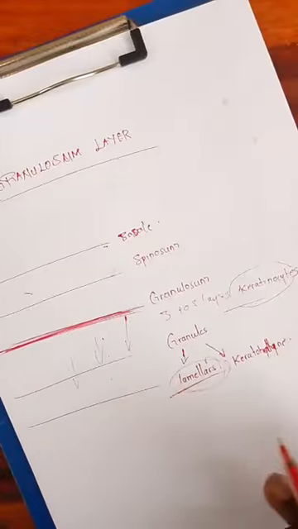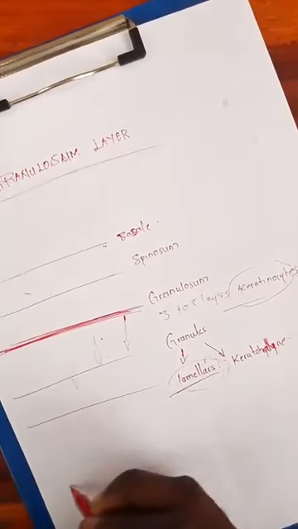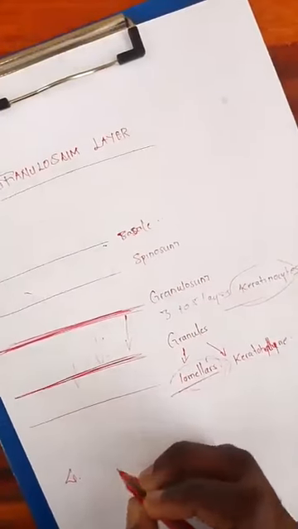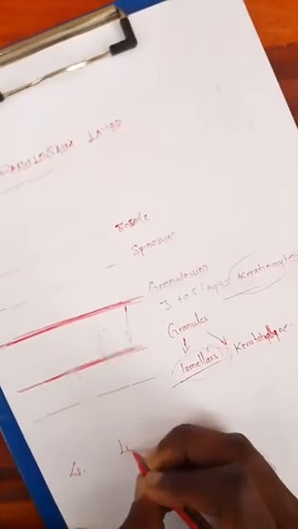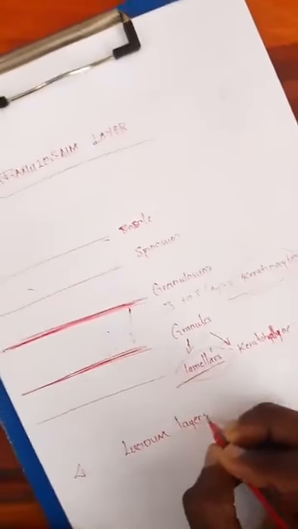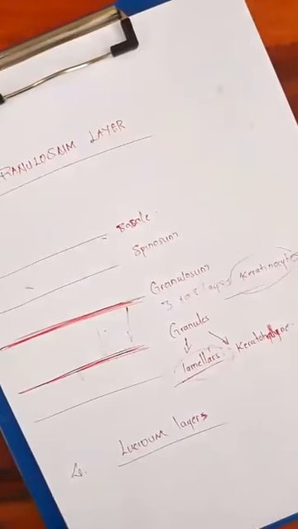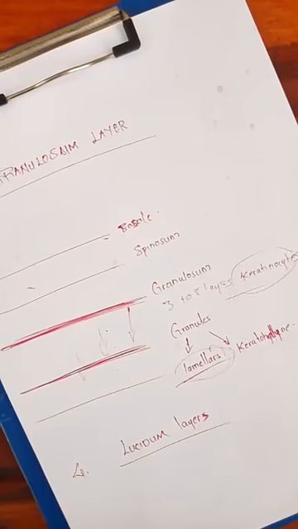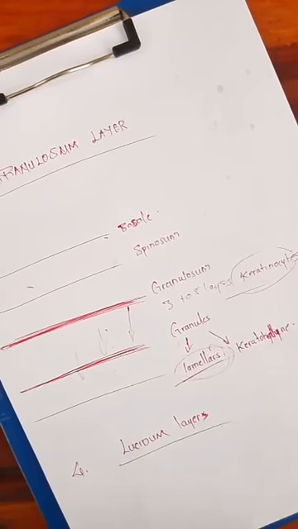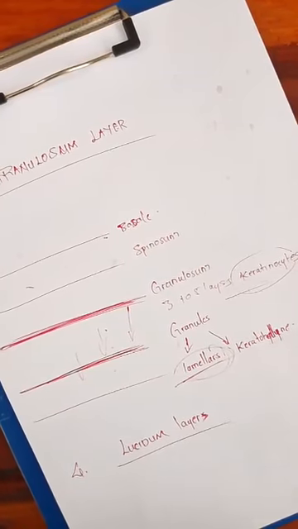Then going to the fourth layer of the skin, which is going to be this layer. This fourth layer of the skin is known as the lucidum layer. This lucidum layer is also known as a clear layer or a translucent layer of the epidermis.